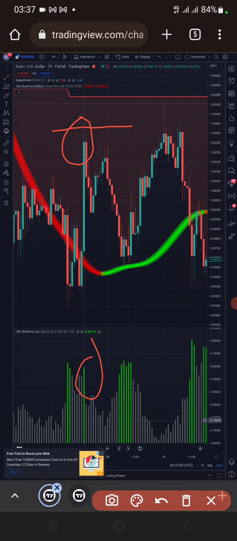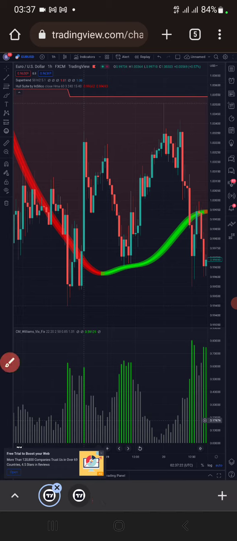So you can see that we have a downtrend over here, we have a downtrend over here. So that's how it basically works, guys.